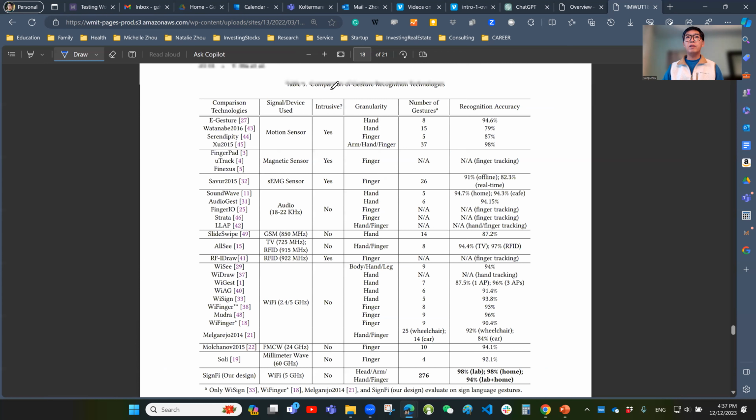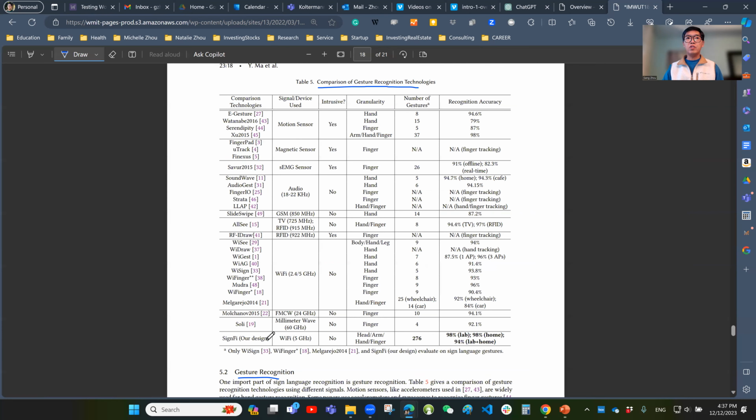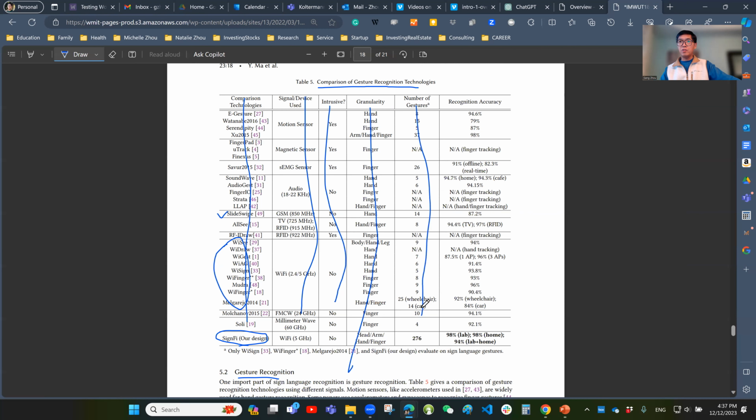The table compares with gesture recognition techniques, the same thing. We need to look for our solution's advantage over these existing solutions. Existing solutions are grouped. Some groups are small; for example, this only has one paper. Some groups are big, like this one that has a lot of papers. We describe their solutions, like the properties, another property, another property.